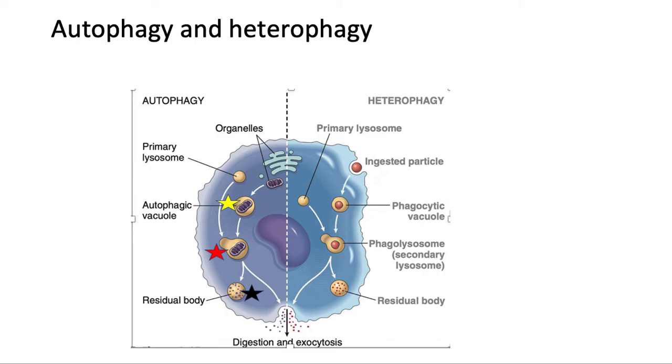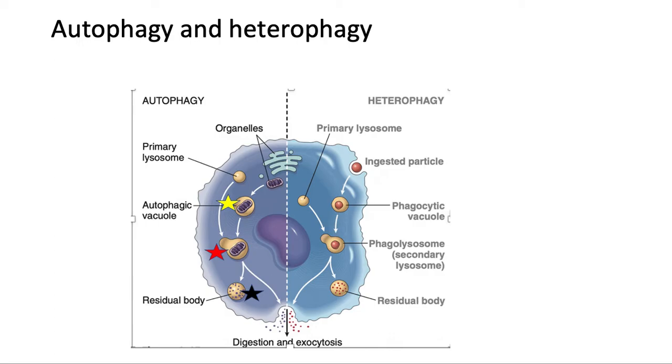Autophagy is thought to be a survival mechanism in times of nutrient deprivation, such that the starved cell lives by eating its own components. In this process, intracellular organelles and portions of cytosol form an autophagic vacuole, shown by the yellow star on the left part of the scheme.